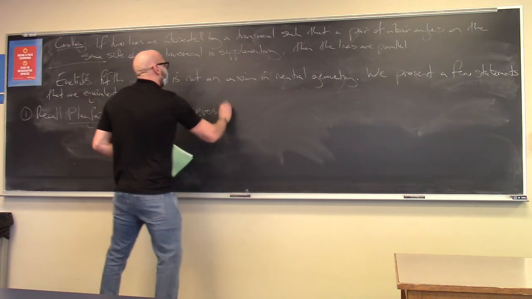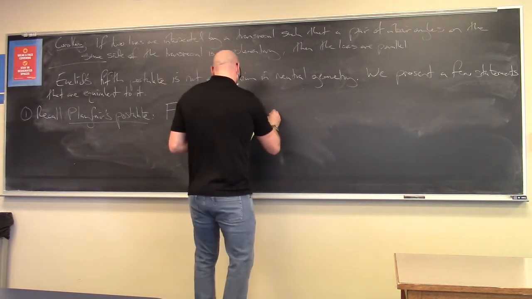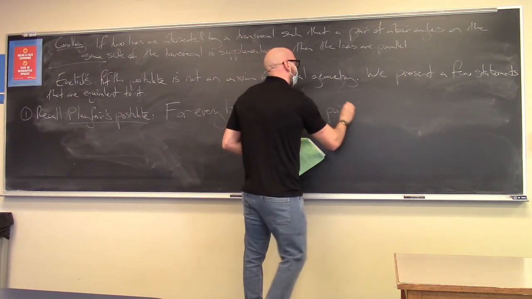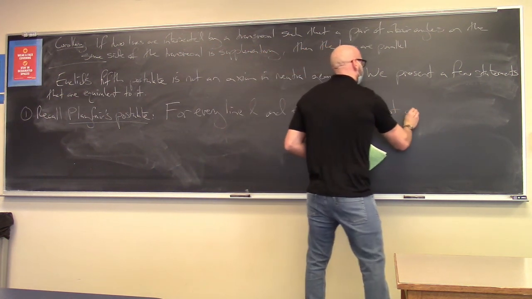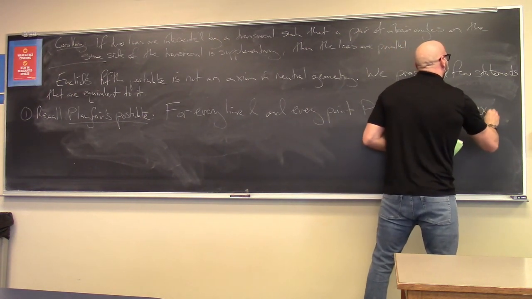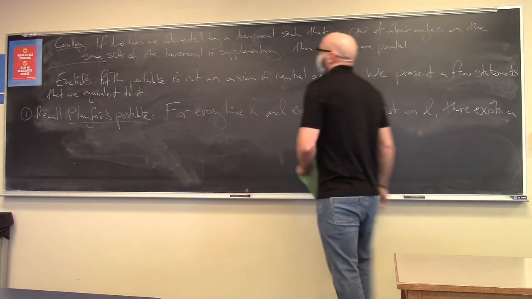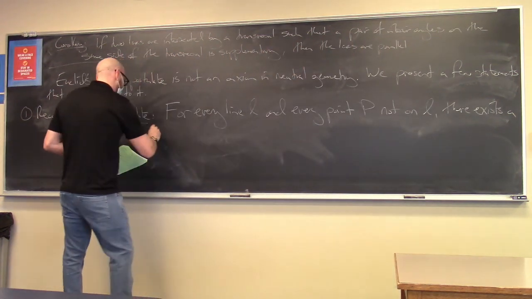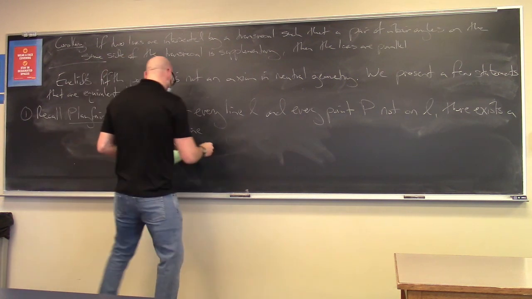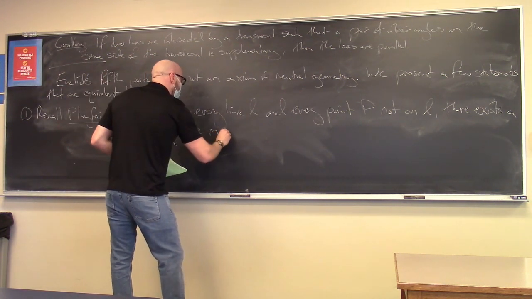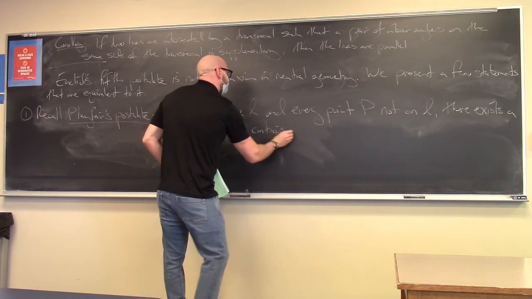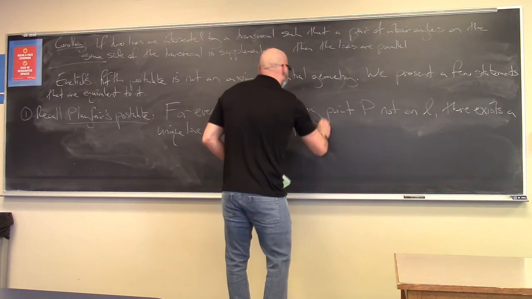For every line L and every point P not on L, there exists a unique line, let's call it M, that contains P and is parallel to L.